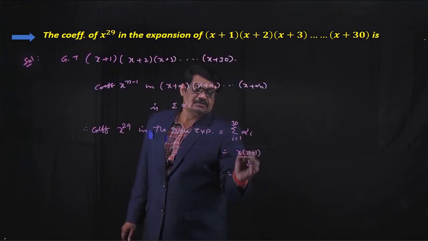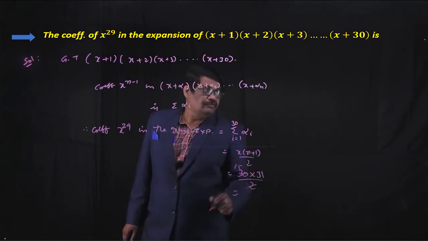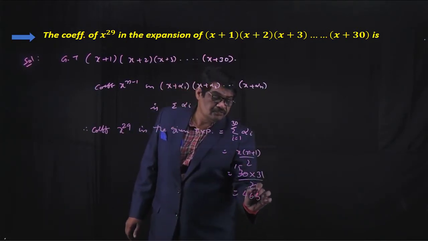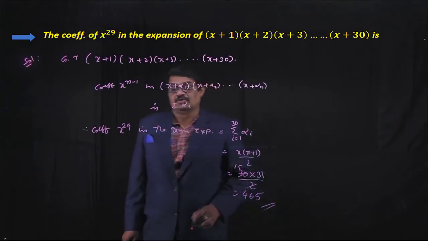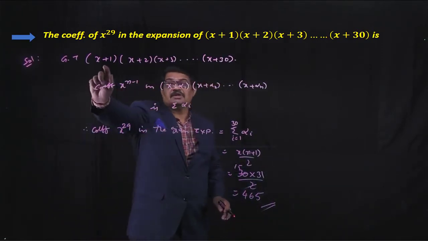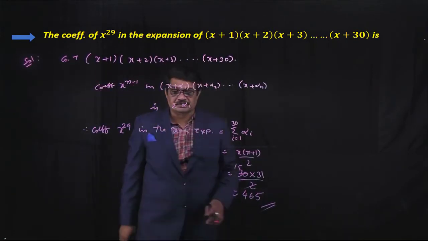Here n is 30, so 30 into 31 by 2, that is 15 into 31, that is 465. So this is the coefficient of x to the power of 29 in the expansion of (x plus 1)(x plus 2)(x plus 3) and so on, (x plus 30).